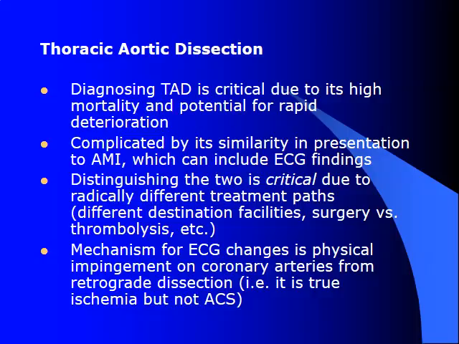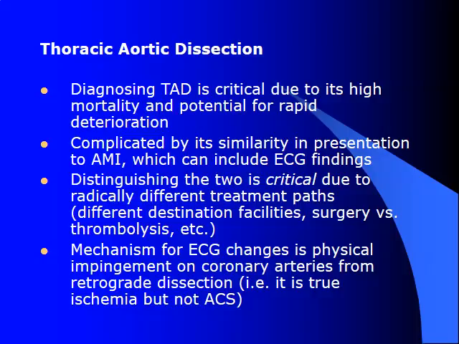So determining our destination and the appropriate facility could be very different. Transporting to a facility that has PCI capabilities, they have a cath lab, but they don't have cardiothoracic surgery available is a very poor decision on our part. So recognizing these specific deviations between aortic dissection and acute coronary syndrome is very important.